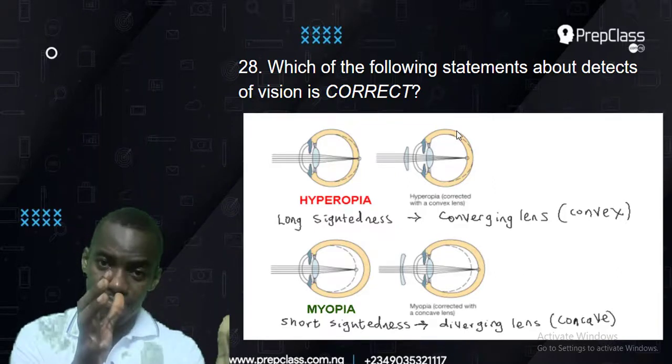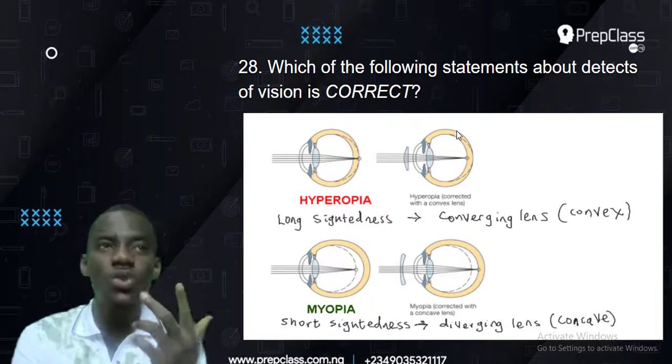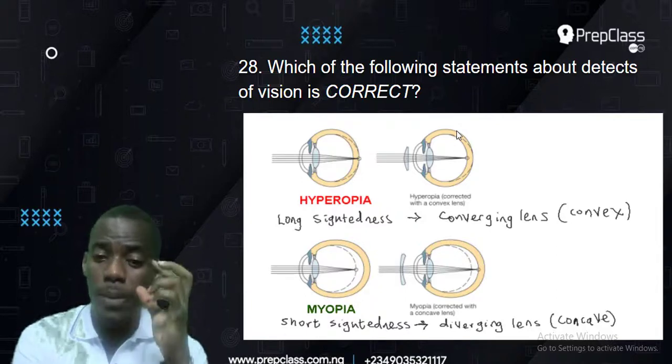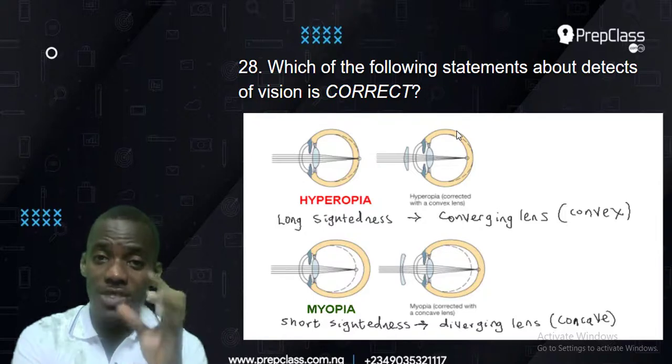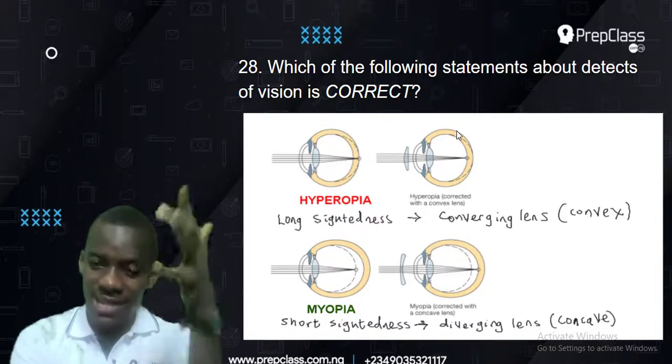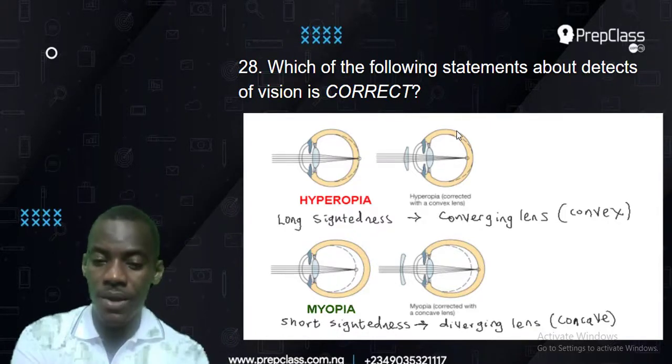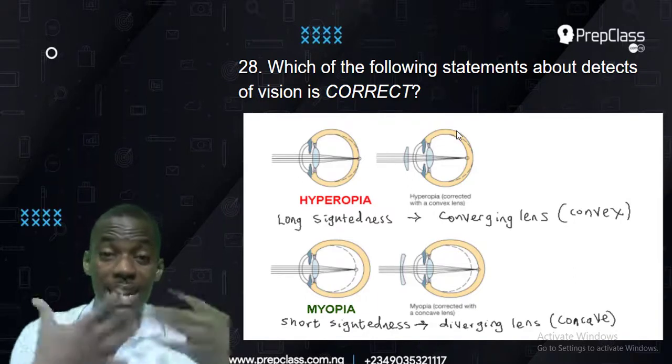It makes them bigger. That's what a concave lens does. So to the eye of the observer who has the problem of myopia, that's short-sightedness, he will be seeing the things that are far, which he can't see, as near. So a concave lens makes things that are far to be near or bigger. It magnifies them.